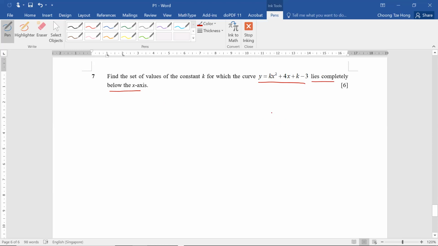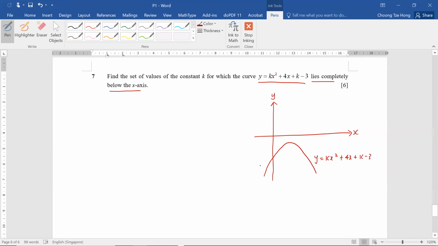Let's draw and see for ourselves how it would roughly look. You draw your axis. If it lies completely below the x-axis, then it may be something like this. This is the curve kx squared plus 4x plus k minus 3.